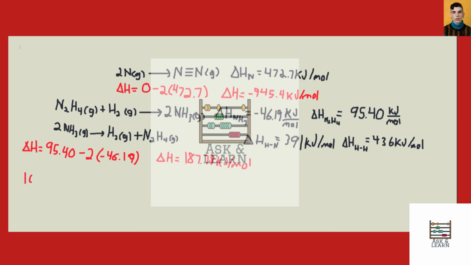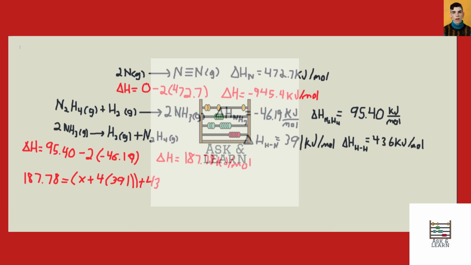That means we're going to set it equal to 187.78. Okay, what are our products? For N2H4, we have, let's put X for our NN interaction, and then we have 4 NH interactions, so 391. And then for H2, 436.